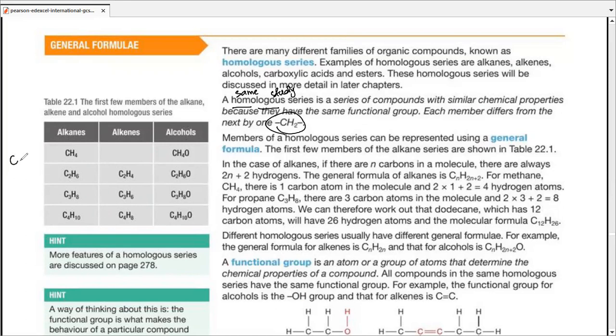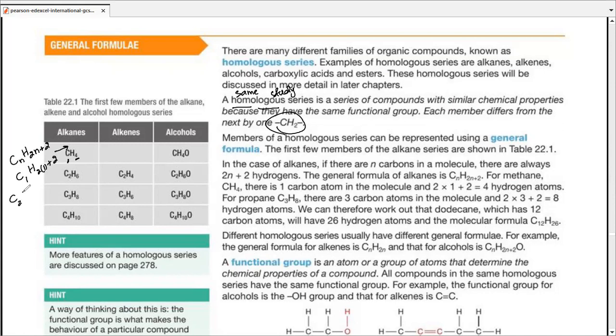For alkanes, the general formula is CnH2n+2. Whatever the number of carbon atoms, we multiply it by 2, we add 2 to it, we get the number of hydrogen atoms. Take a look. We have 1 carbon atom, but 4 hydrogen atoms. So if n is equal to 1, C is 1, H is 2 into 1, and then plus 2 to it, this is CH4.